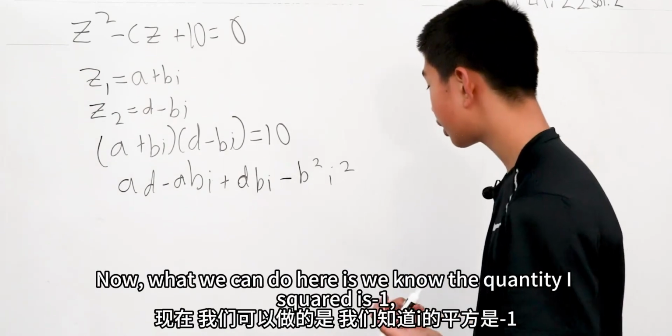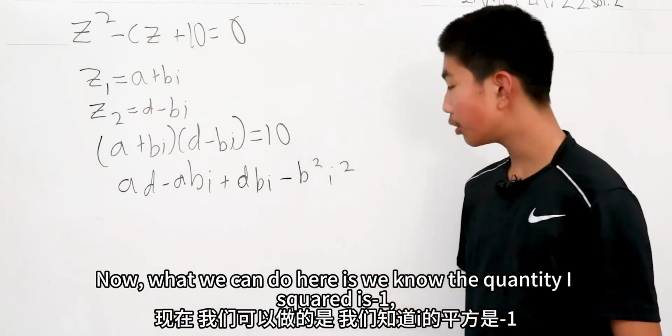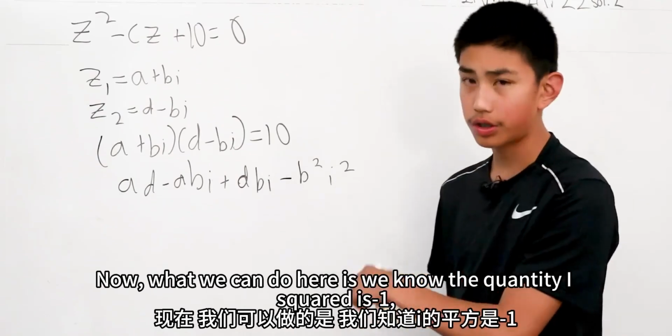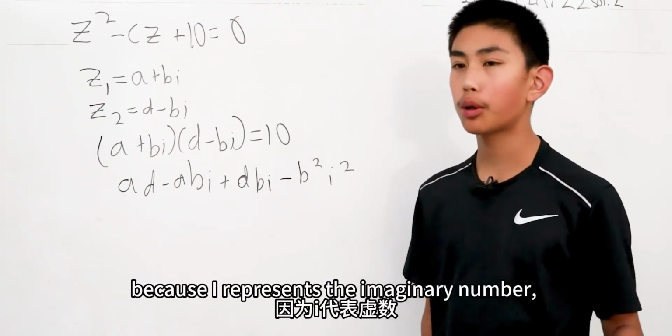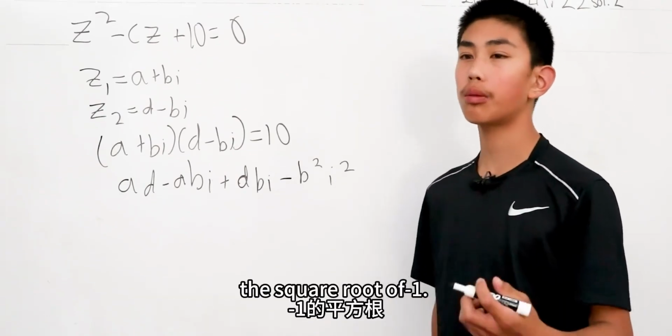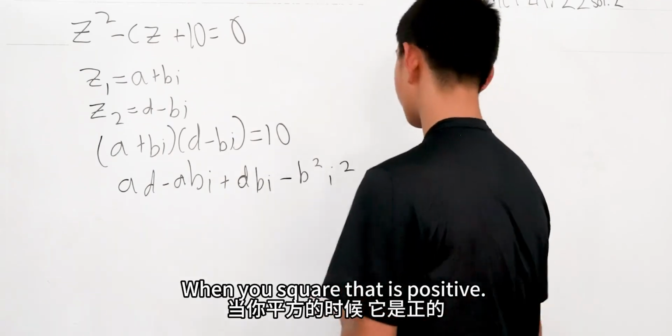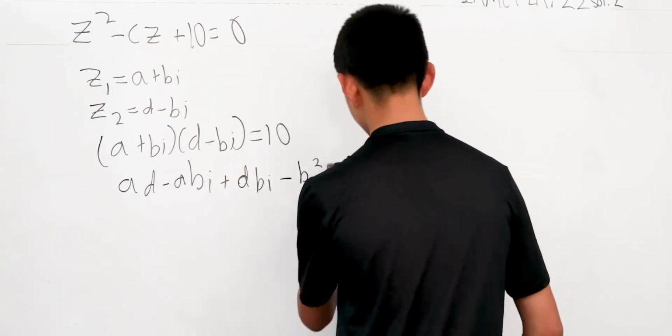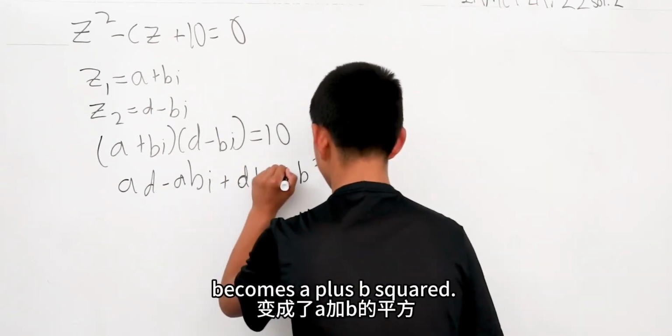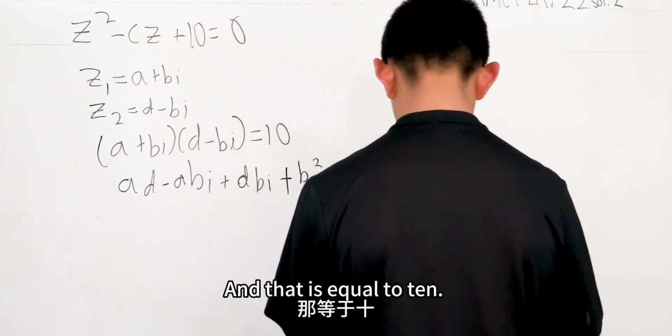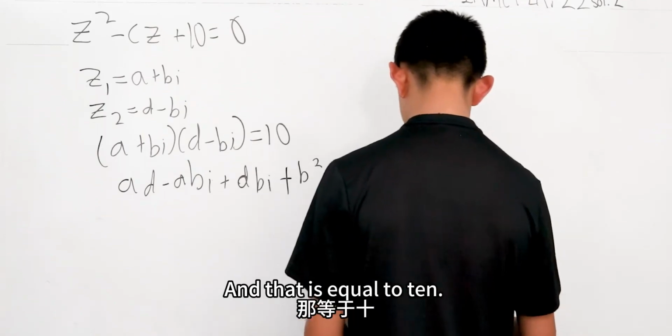Now, we know i squared is -1 because i represents the imaginary number, the square root of -1. So this in turn becomes a squared plus b squared, and that is equal to 10.